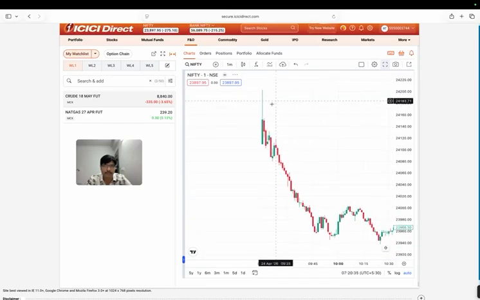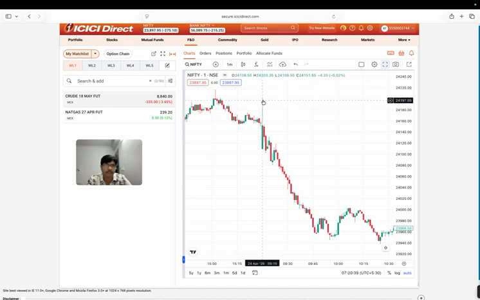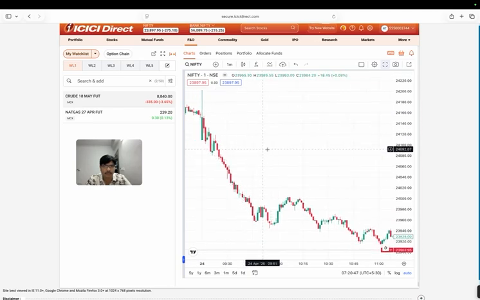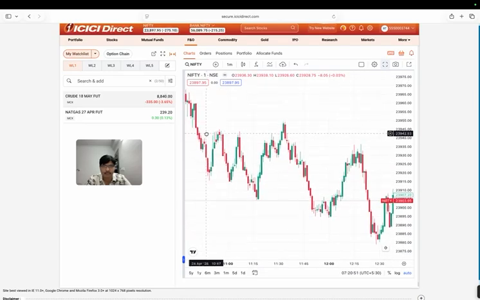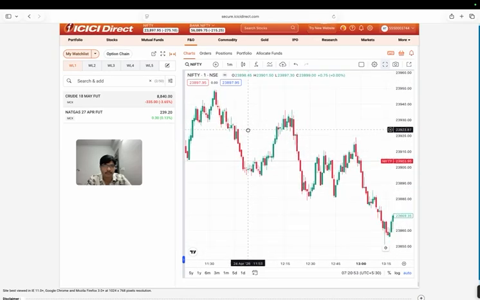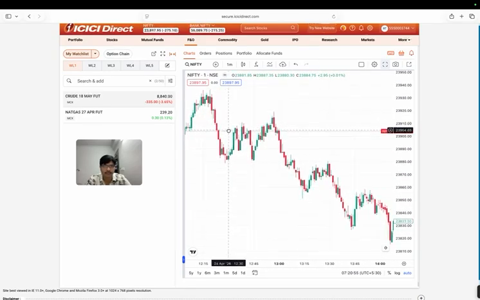It opened here, it started with 24204. From there it slowly started falling down and falling down. On the day you are having a huge fall, nearly 200-300 points down.